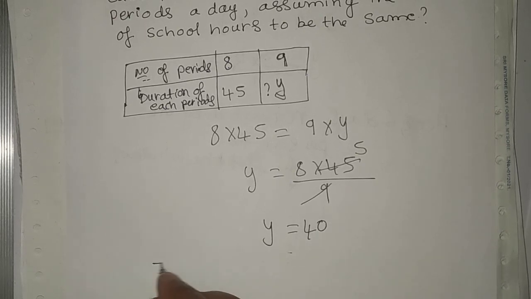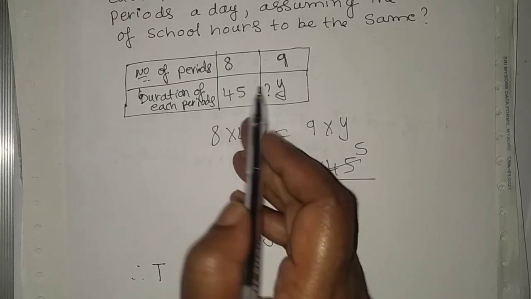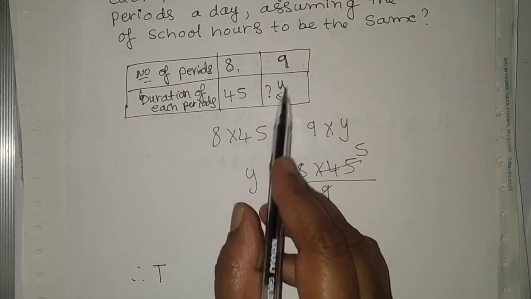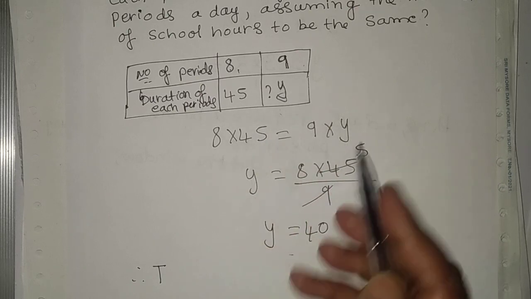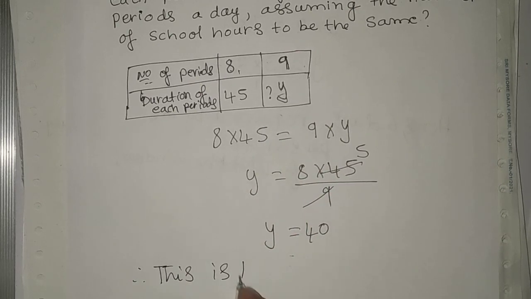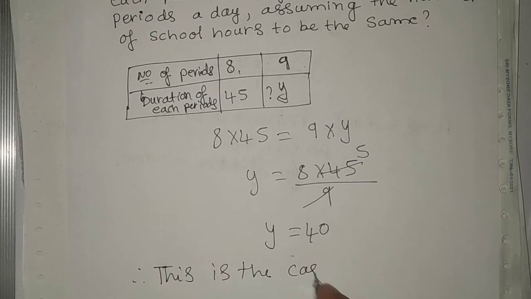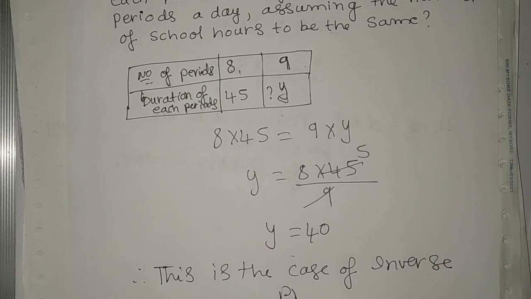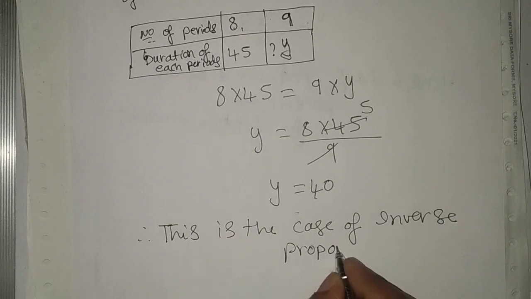So this is the case of inverse proportion, because as this increases, this decreases. As the number of periods increases, the duration of each period decreases.